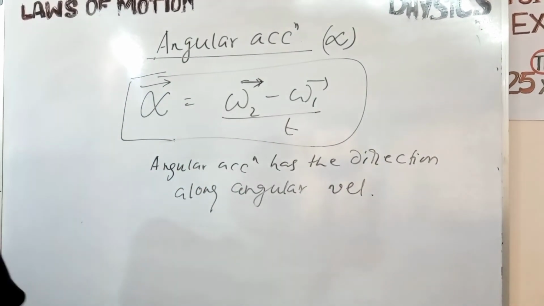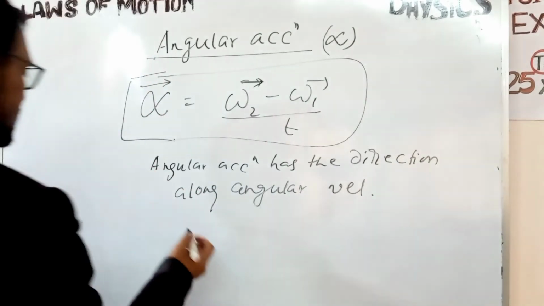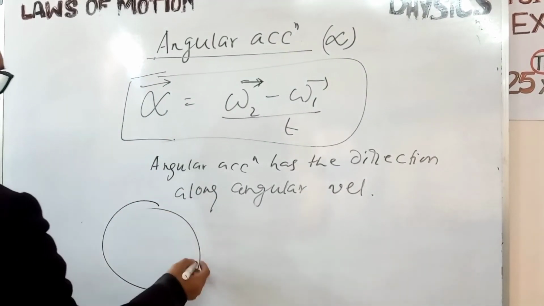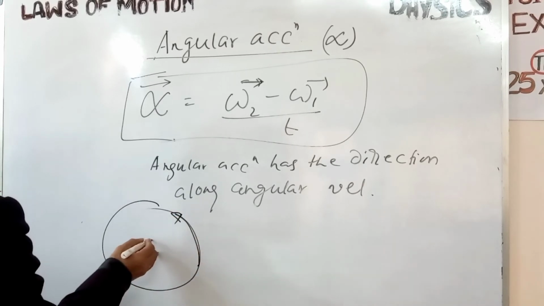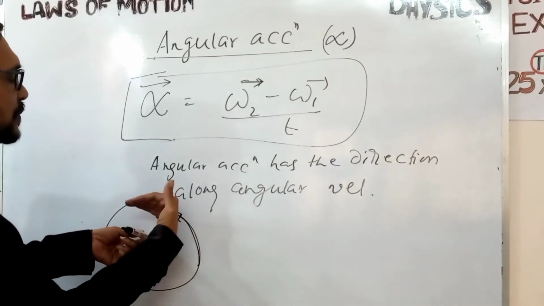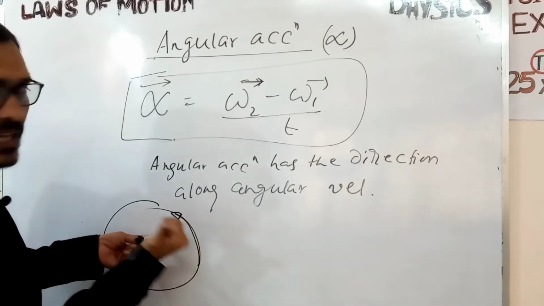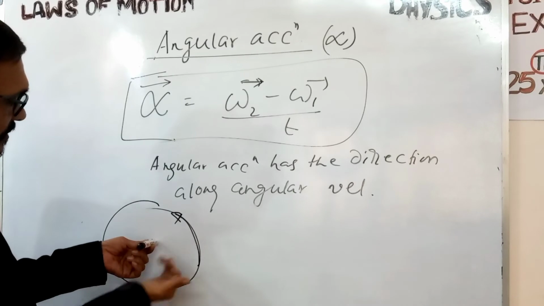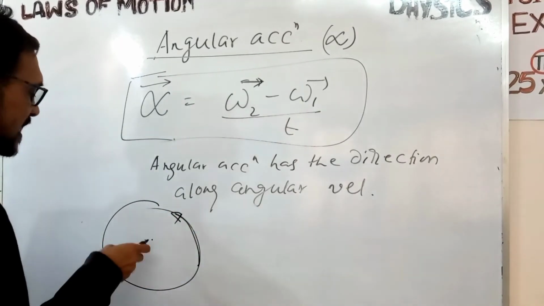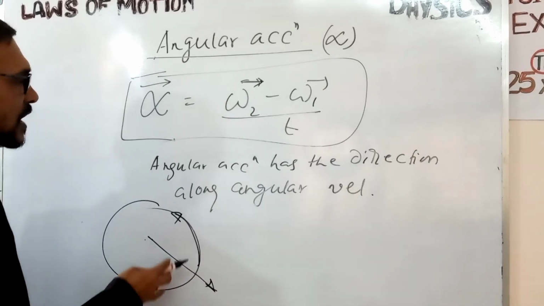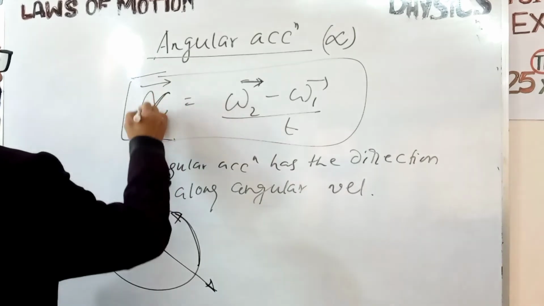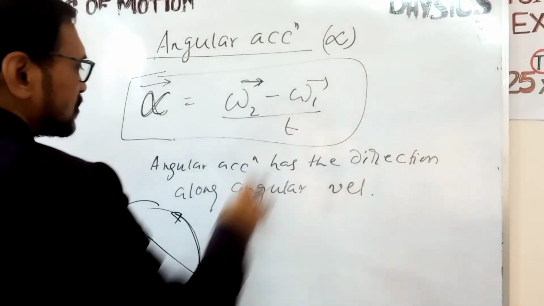What is the direction of angular velocity? The direction of angular velocity is along the axial vector. If a particle rotates in this direction, this is the axis. If you curl the fingers along the circle, then the thumb denotes the direction of angular velocity. This thumb direction is the axial vector. So angular acceleration has the direction along the angular velocity.